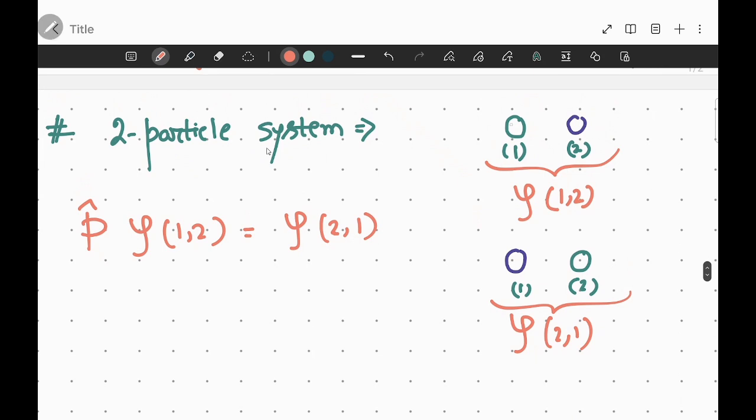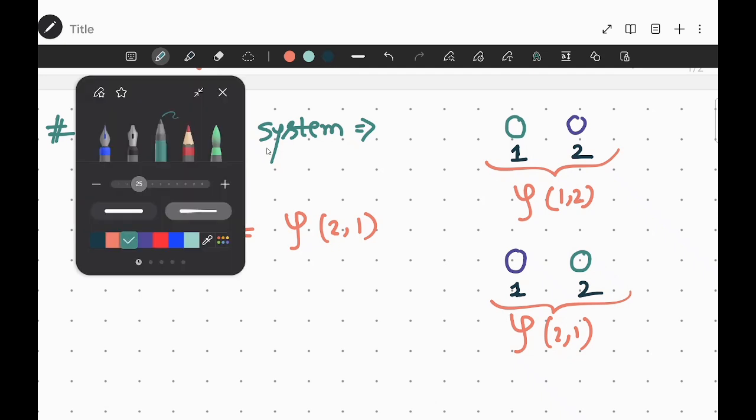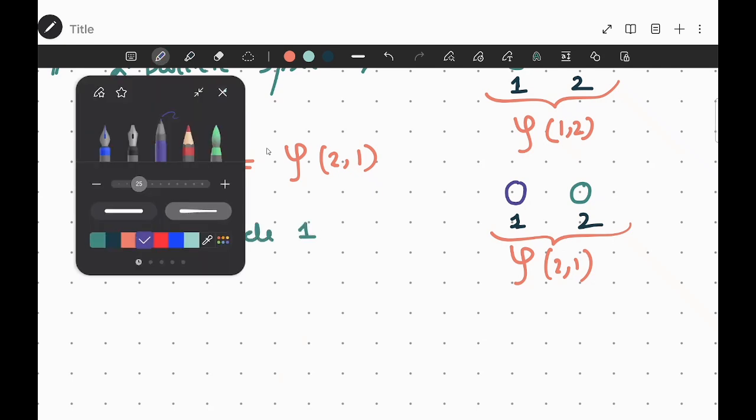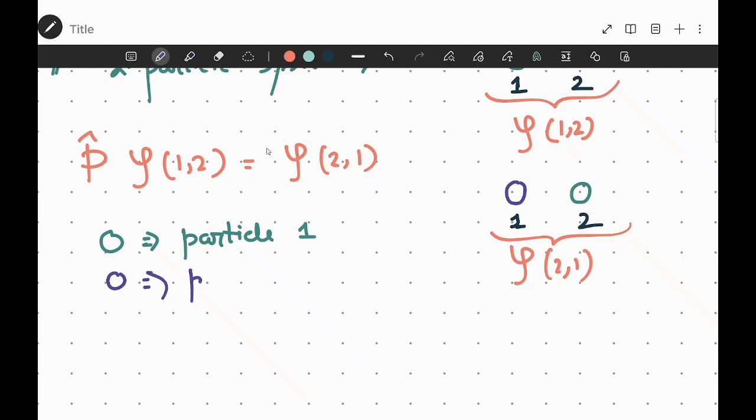Let me write it clearly. So let's say this is position 1, position 2. And this green one is particle 1. This is particle 1 and this is particle 2.